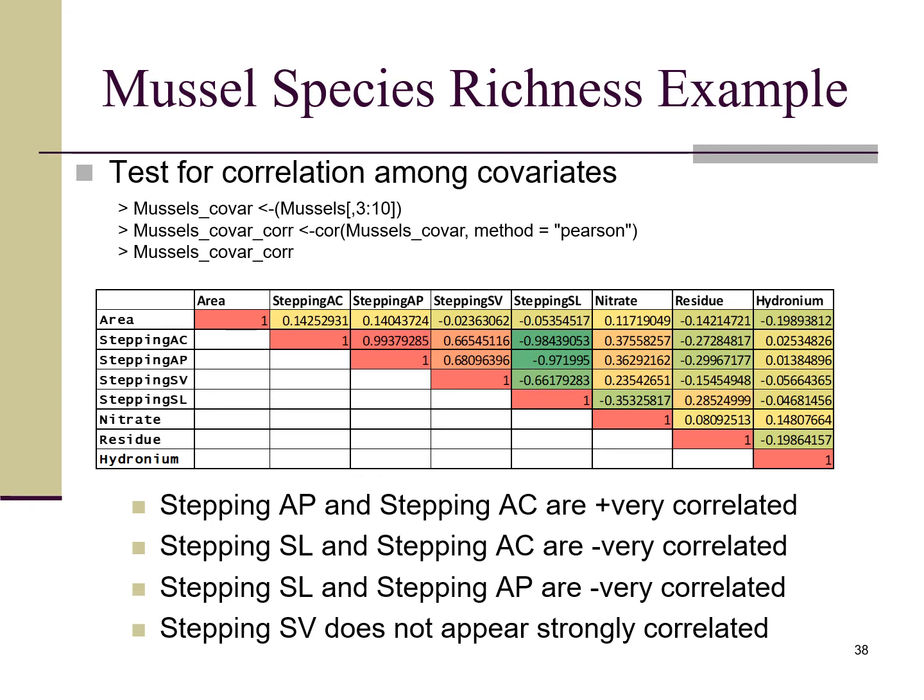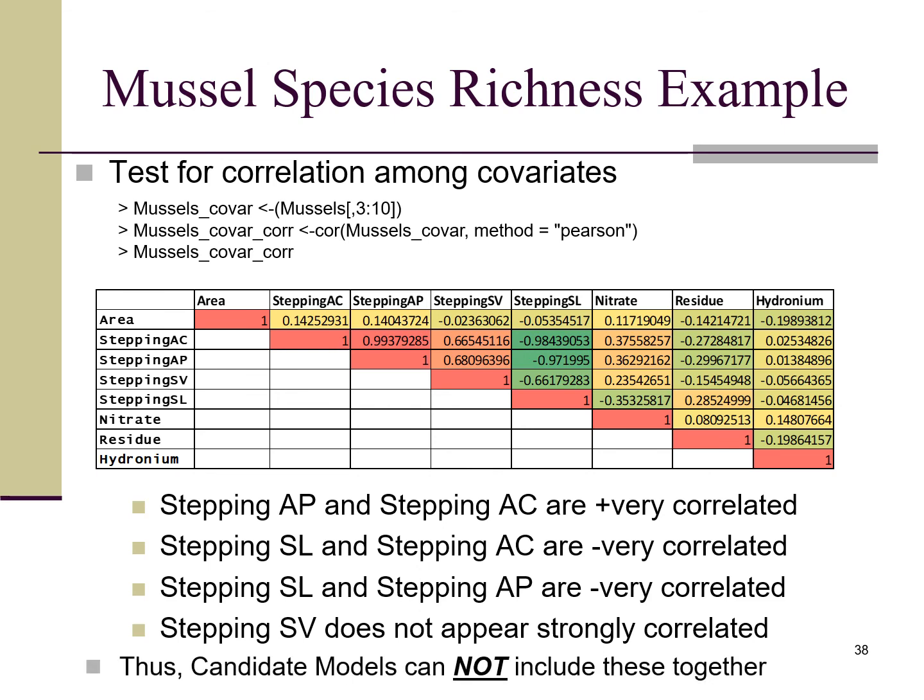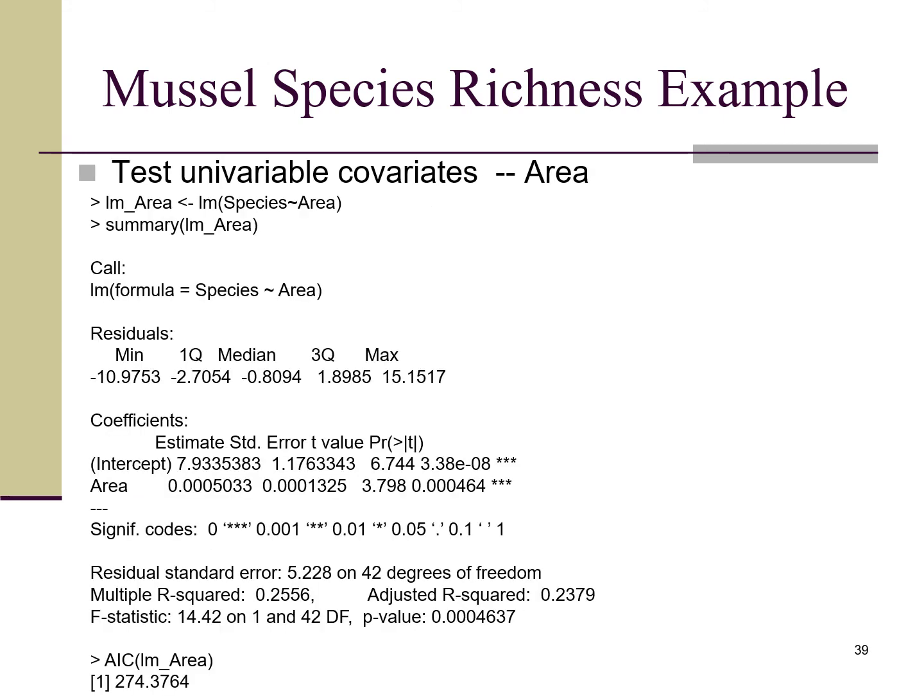So this is all just a question of their sampling of streams, whether or not you're going to see positive or negative correlations between that stream and these large rivers. So we're going to put on as a constraint that candidate models cannot include all of these together. That's going to be an important constraint on what we consider to be a good model.